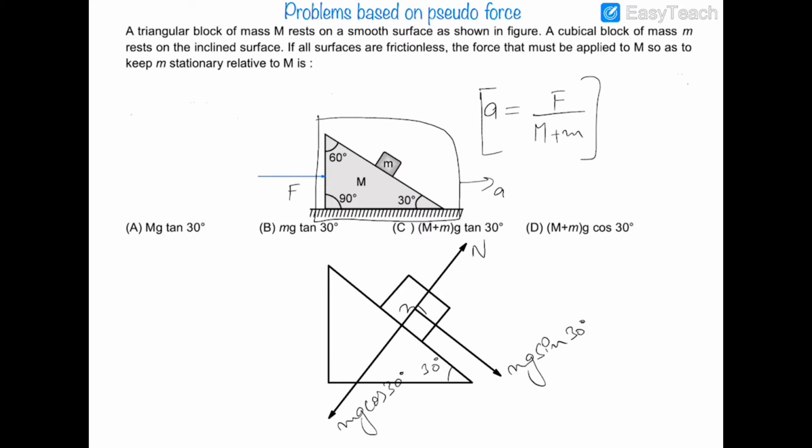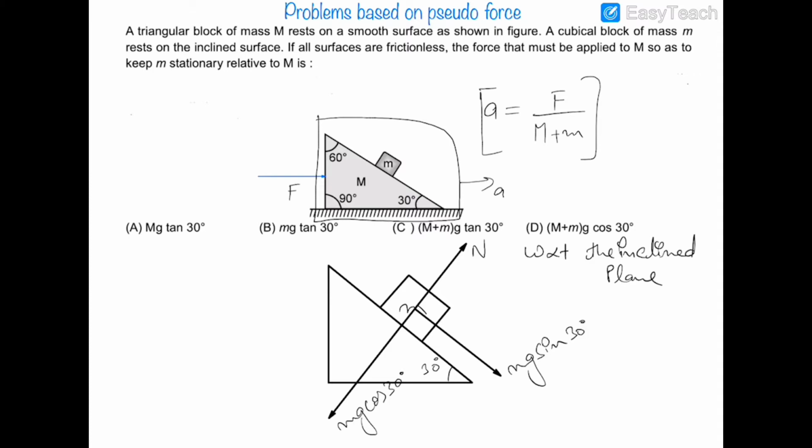Now we can see that this mg sin theta is sliding the block down the inclined plane, and if we are accelerating the inclined plane, then I am drawing this diagram with respect to the inclined plane. If I am an observer standing on the inclined plane, then there will be a pseudo force acting in the direction opposite to the acceleration.